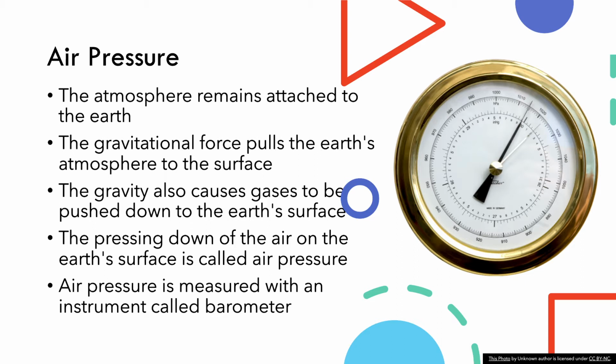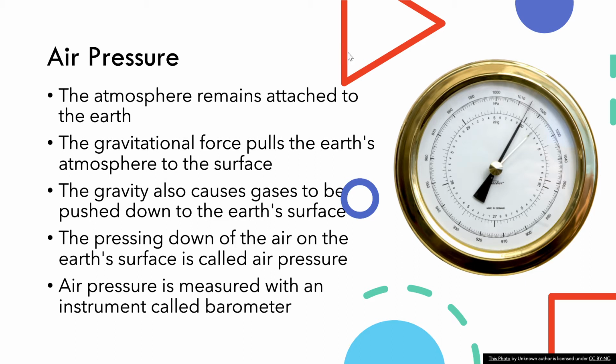The atmosphere remains attached to the earth. Why? Do you all know? It is because of the gravity. The gravitational force pulls the earth's atmosphere to the surface. So because of the gravity of the earth, the atmosphere is pulled down towards the surface of the earth.